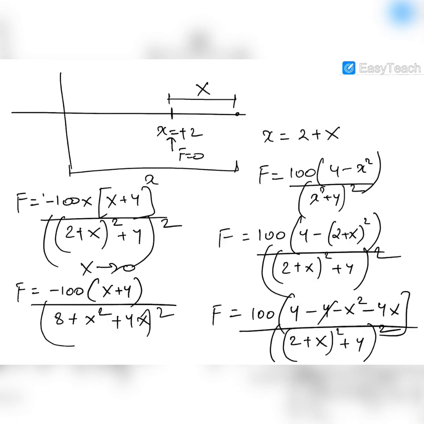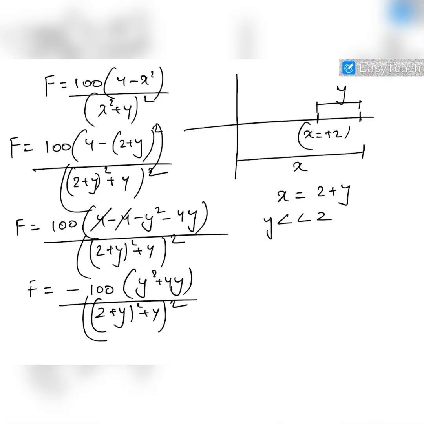So we can neglect this X square, the higher terms, and we can neglect this X also in the denominator. So this is 2 square, that is 4. 4 plus 4 is 8. 8 square is 64.